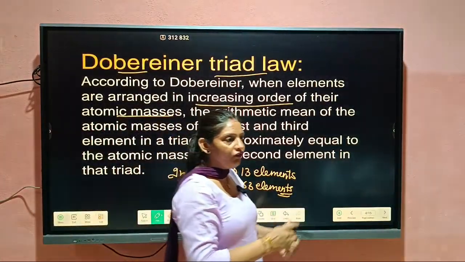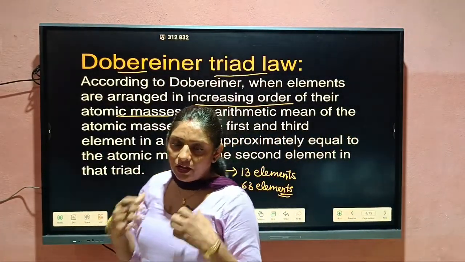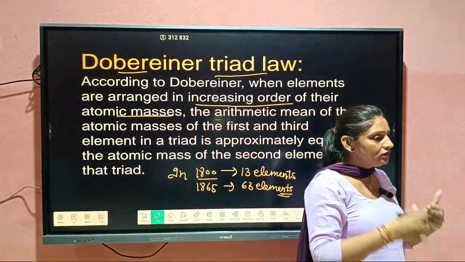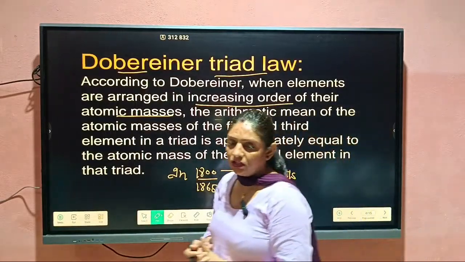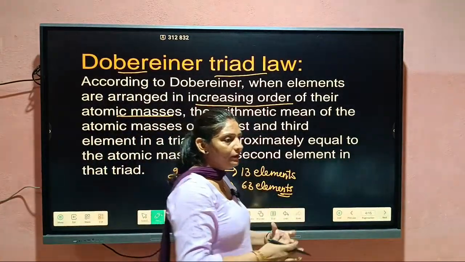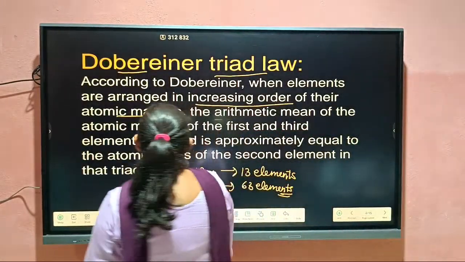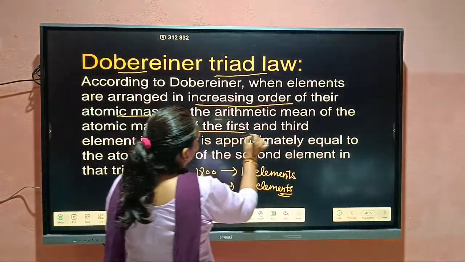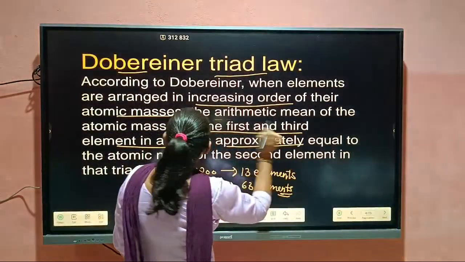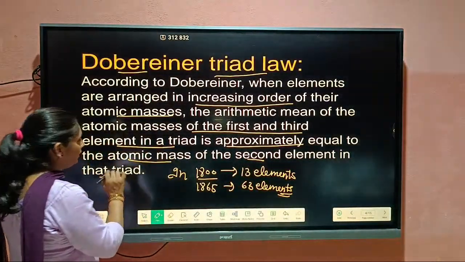Then he found that in a group of elements which have similar physical and chemical properties, if we take a group of three elements, then the atomic mass of the first and third element in a triad is approximately equal to the atomic mass of the second element in the triad.